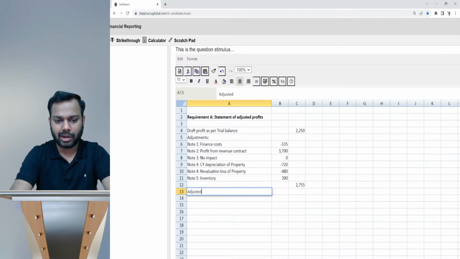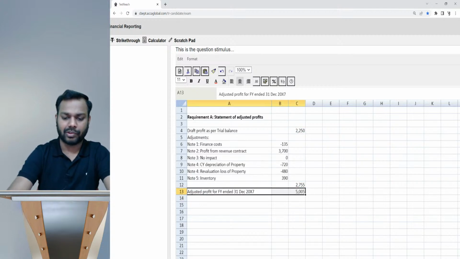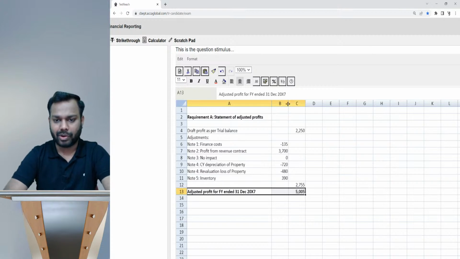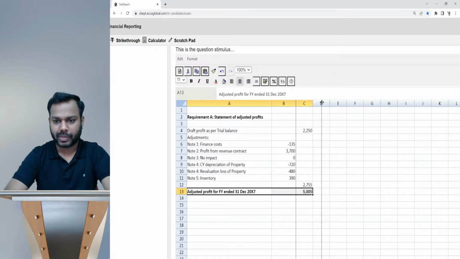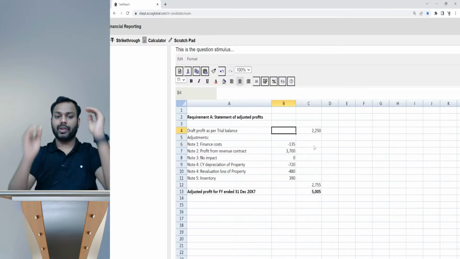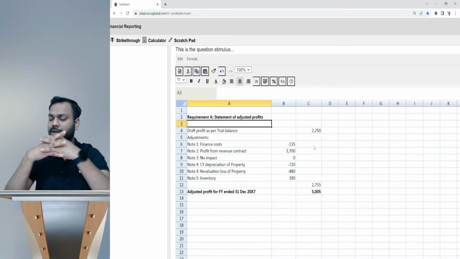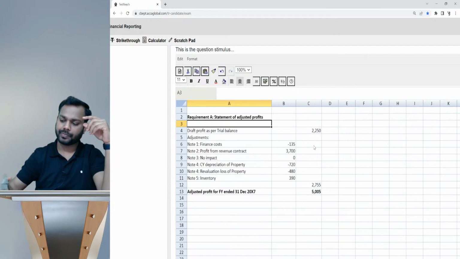You can write adjusted profit for FY ended 31 December 20x7. What is the amount? This plus this is 5,005. Guys, tell me, is it clear to everyone? The draft profit as per trial balance, this is the statement of adjusted profits. Is it clear to everyone?